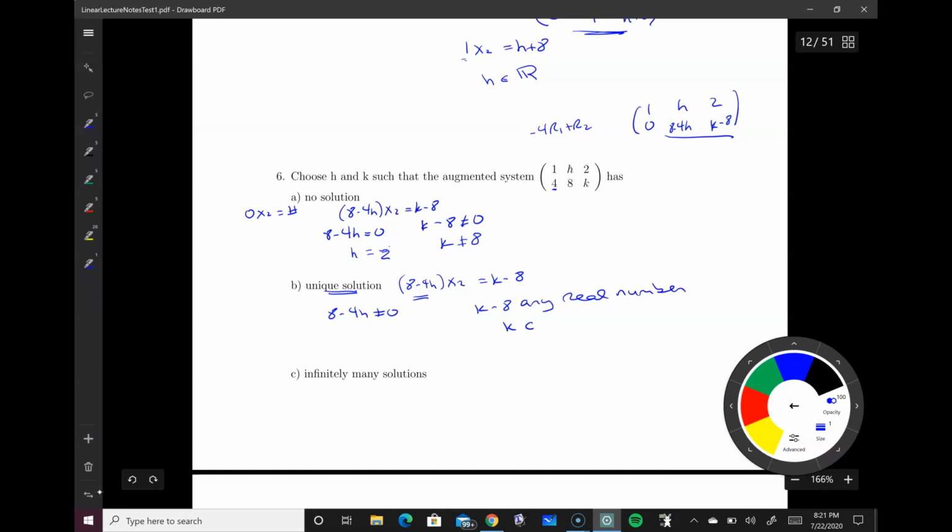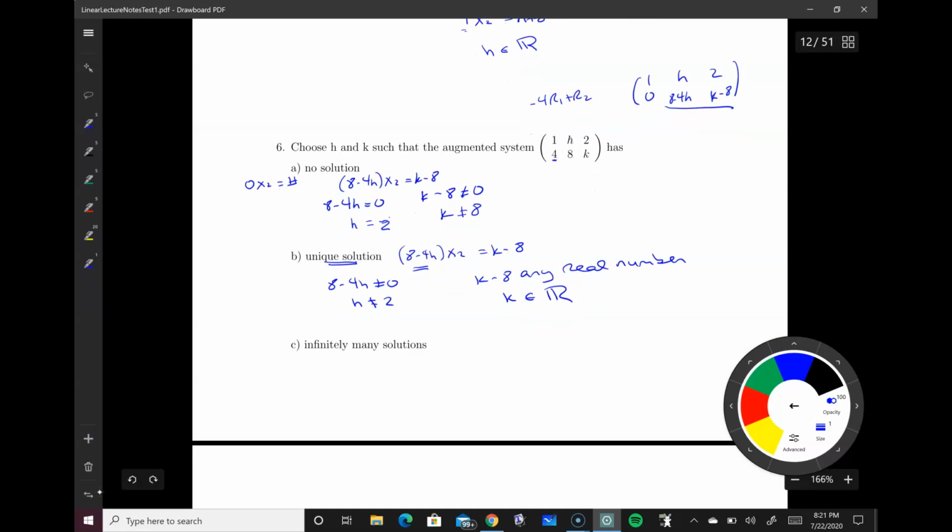So k can be an element of the reals, and what I need here is for h to not equal 2. All right, for infinitely many solutions, I need 0 equaling 0 in that bottom row. So that must mean that I have to have 8 minus 4h equal 0, and k minus 8 equal 0, so k's got to equal 8, and h has got to equal 2.